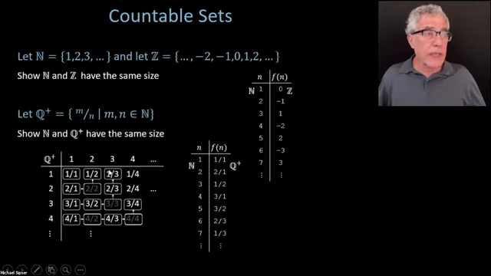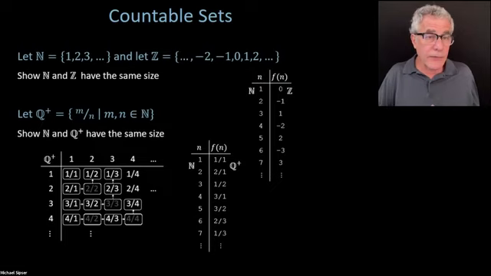Okay, so by following this procedure, I'm going to be able to define this function. Now, this function is not particularly nice in terms of having an elegant closed form, but it is a totally legitimate function in the sense of being a mapping from natural numbers to the positive rational numbers. And it has the one-to-one correspondence property.